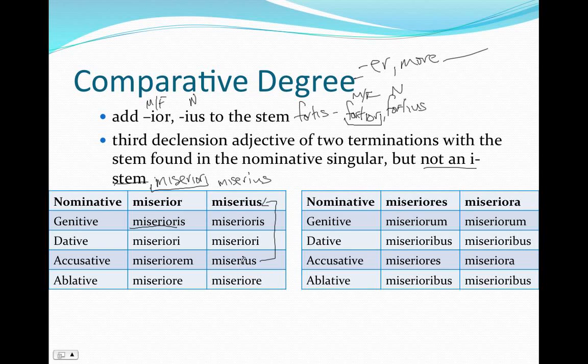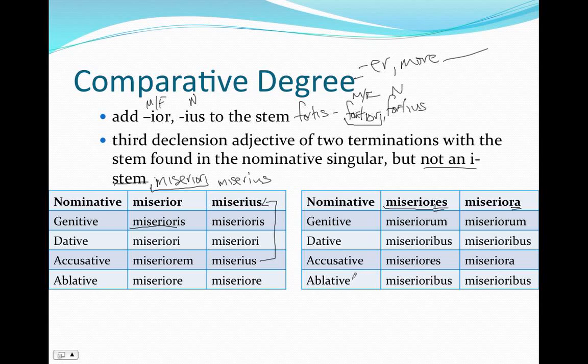And in the plural, same basic process. We've got our stem, which was found off the nominative singular, miserior, and then we have our endings, miseriores, miseriora. Remember, not an i-stem, so it's not miseriorio, just miseriora. Miseriorum, miseriorum, miserioribus, miserioribus, miseriores, miseriora, miserioribus, miserioribus.